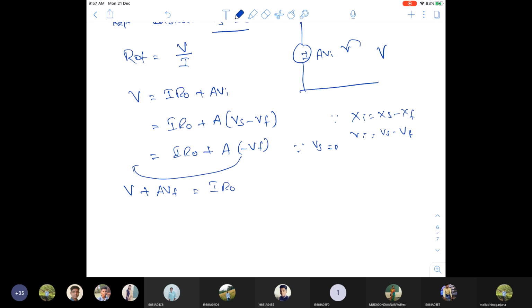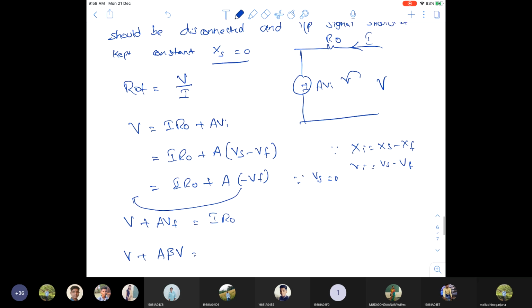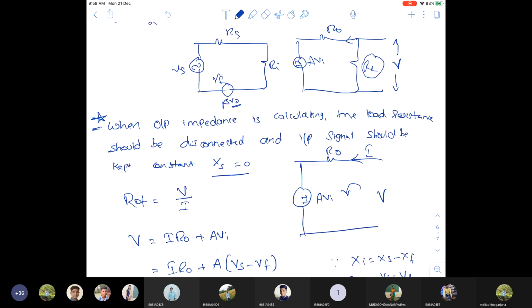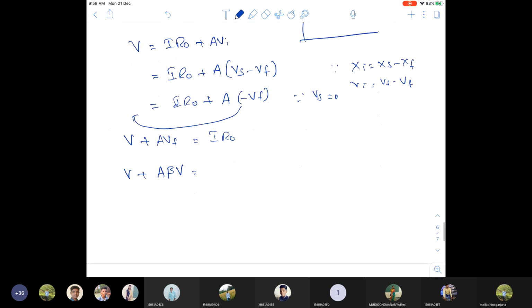VF is beta times the output voltage, and the output voltage is V. So V plus A beta V equals I R naught.